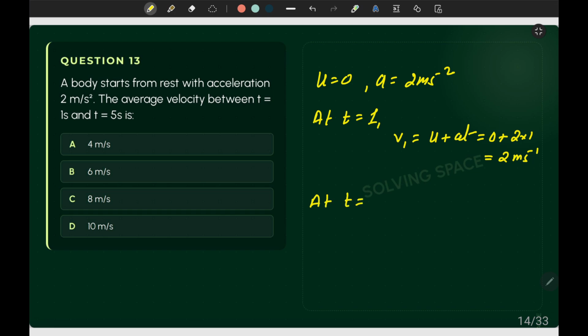Similarly, at time t equal to 5 second, its velocity will be u plus at, 0 plus 2 into 5, that is 10 meter per second.